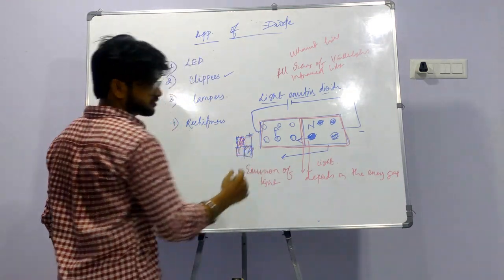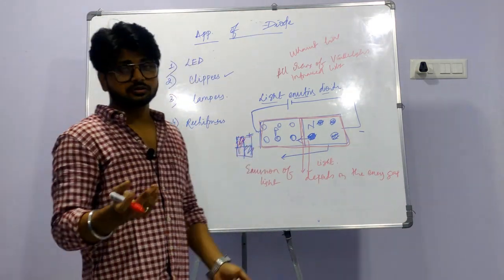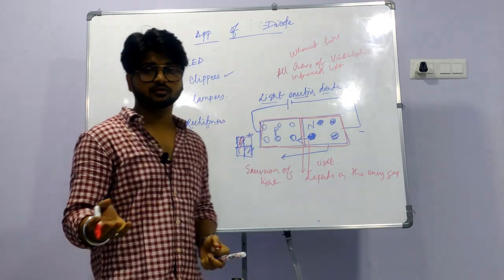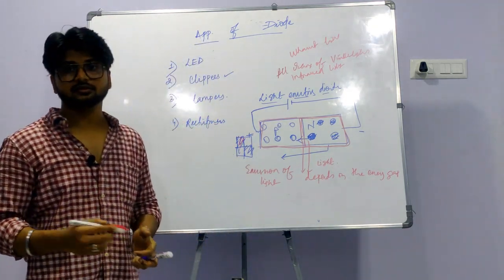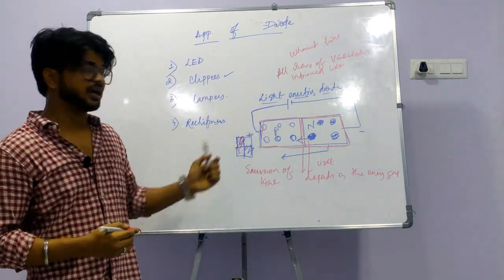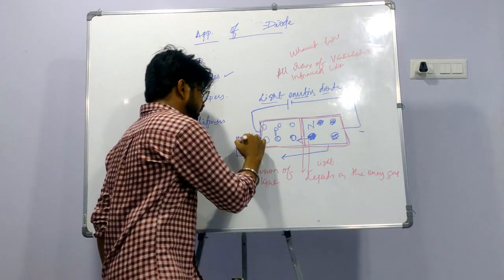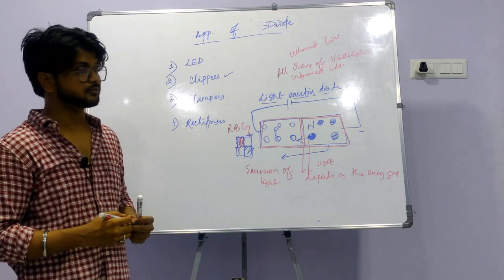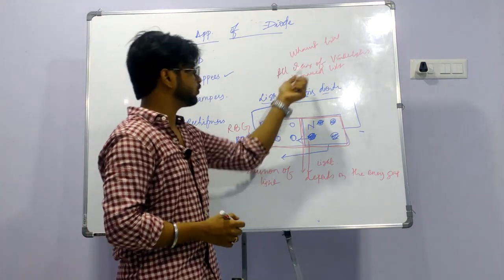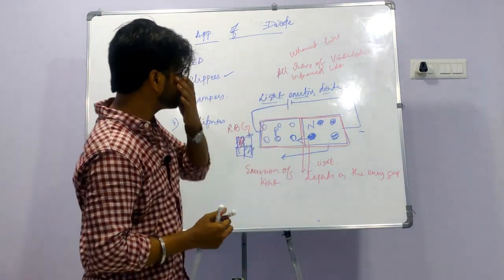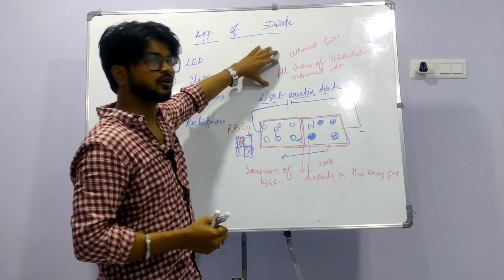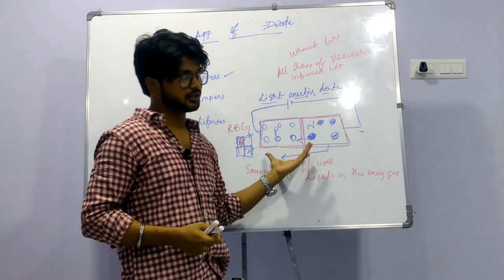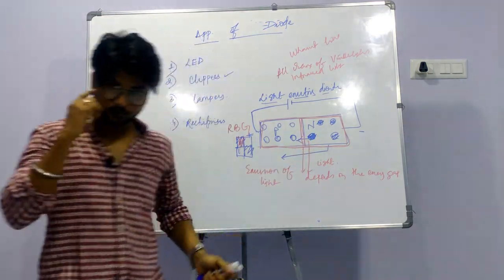Though the primary colors are red, blue and yellow, in this case we have the primary colors R, G and B: red, green and blue. So this characteristic of light depends on the energy gap.